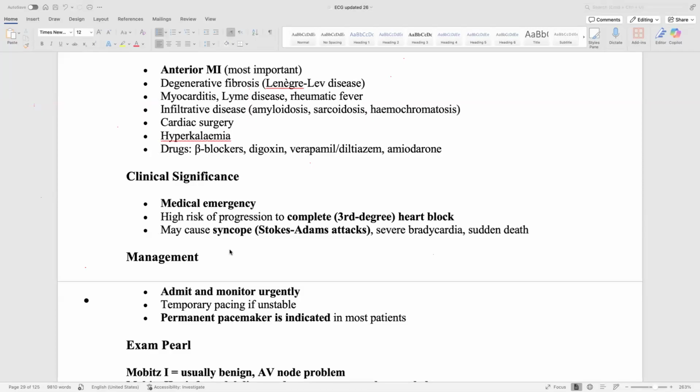There is no conduction of electricity from the atrium to the ventricle. One of the muscles, one of the fibers of the ventricle took the role and started to generate a ventricular rhythm.